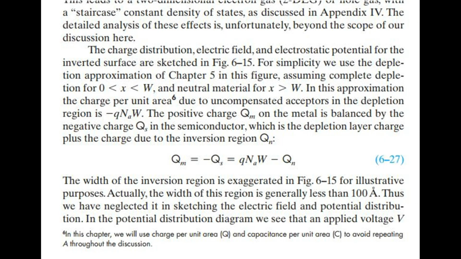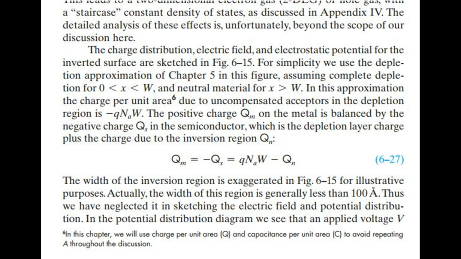In this approximation the charge per unit area due to uncompensated acceptors in the depletion region is -qNaW. The positive charge Qm on the metal is balanced by the negative charge Qs in the semiconductor, which is the depletion layer charge plus the charge due to the inversion region Qn. The width of the inversion region is exaggerated in Fig 6.15 for illustrative purposes.